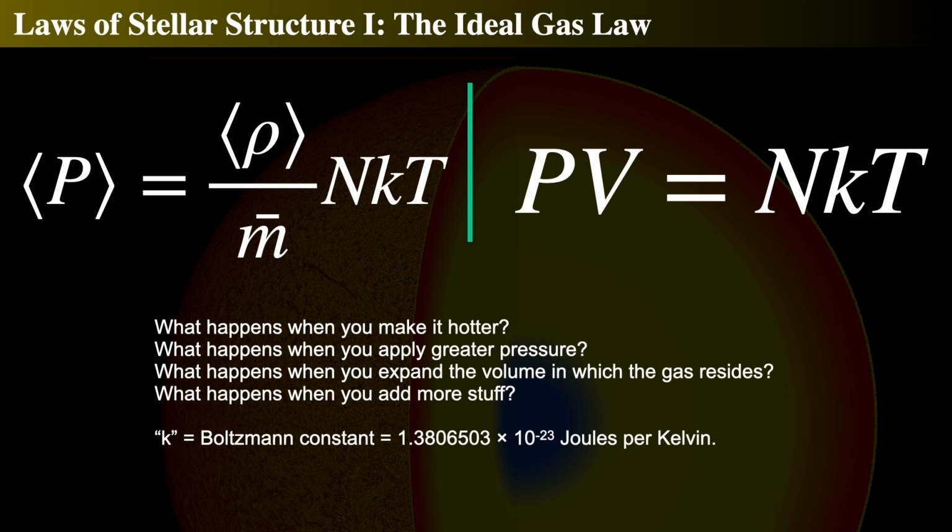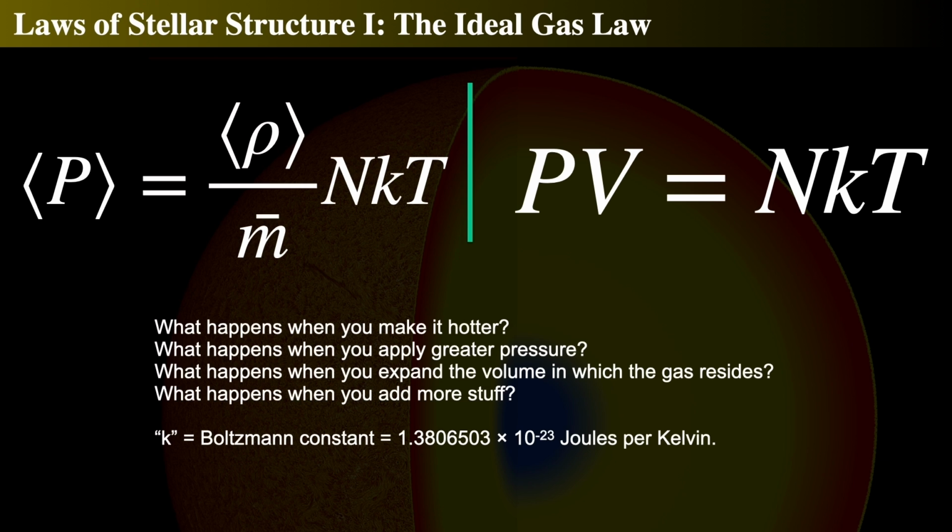So if you compress a bubble of gas, the pressure goes up and the temperature goes up. And if you let it expand, the pressure goes down and the temperature goes down. Those relationships of the ideal gas law tell us how the interior effects go in the star. The bottom two equations are equivalent. Let's look at the left-hand one.